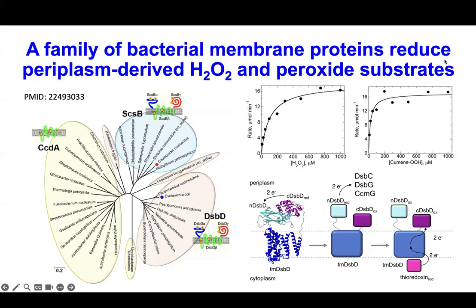Basically, they use electrons from thioredoxin and then transfer the electrons across the periplasmic membrane, and that leads to reduction of H2O2 and a protein substrate outside of the bacterial cell.